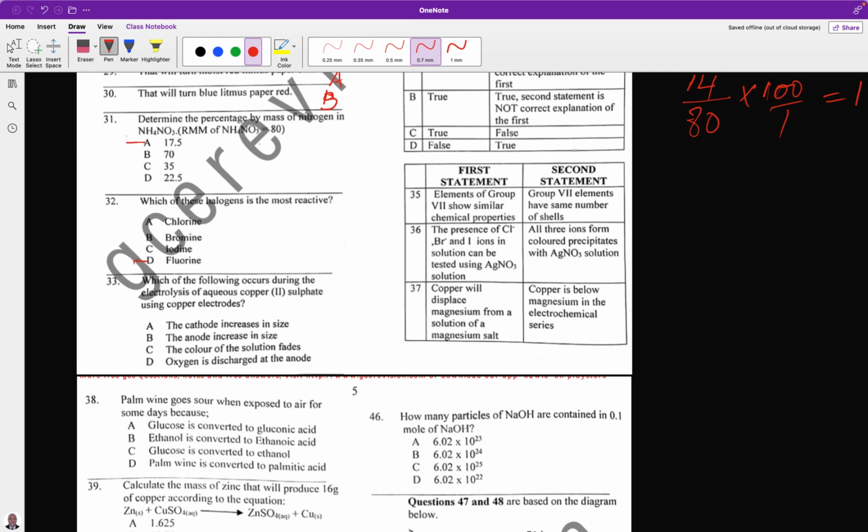So in this situation, for aqueous copper 2 sulfate, the OH will have no use at the anode, nor will the sulfate, because the copper itself will break.